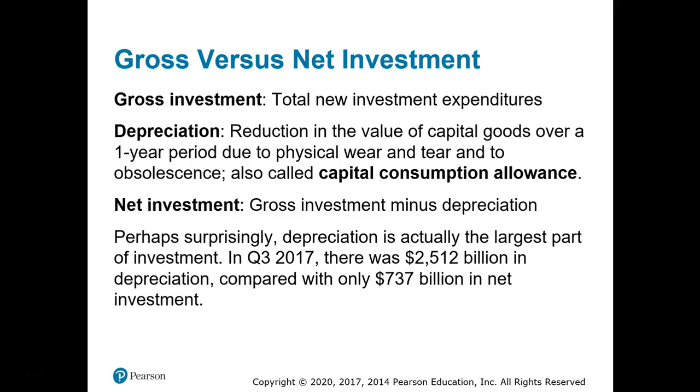If we took the largest part of investment in Q3, the third quarter of 2017, we had $2,512,000,000,000 in gross investment compared to $737 billion in net. So if we take off, we can figure out what the depreciation amount is.